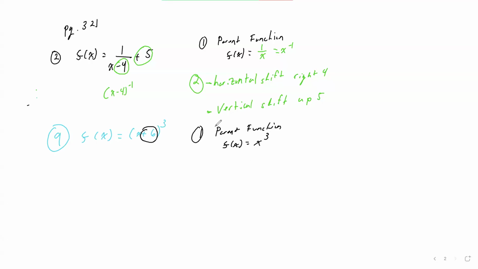That tells me it's a cubic parent function. The second thing is that this plus 6 is being done inside the parentheses, so that's going to be a horizontal shift 6 units to the left. It does the opposite of what you think. All right, let's see what else we got.